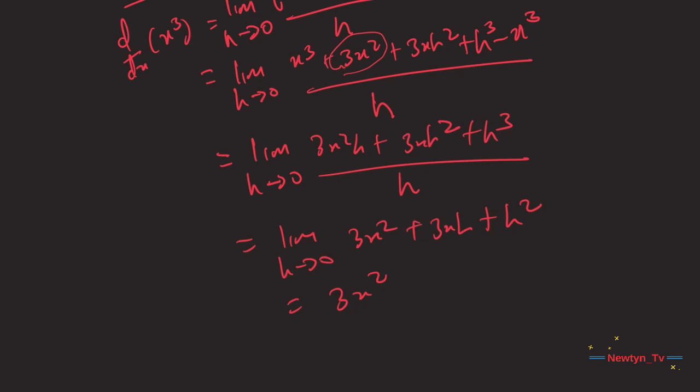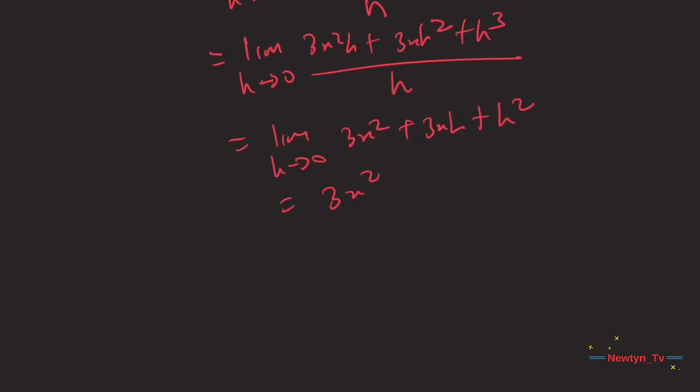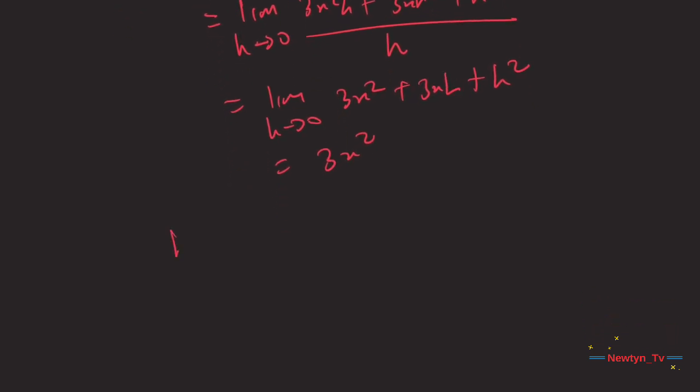As we shall see, the procedure for finding the derivative of the general form, f(x) = x^n, is very similar. So from what we have done, we can deduce a theorem. Let n be a positive integer.